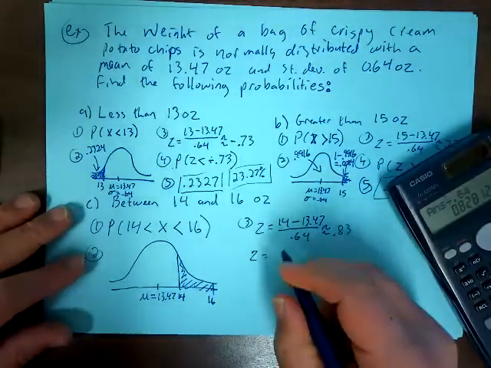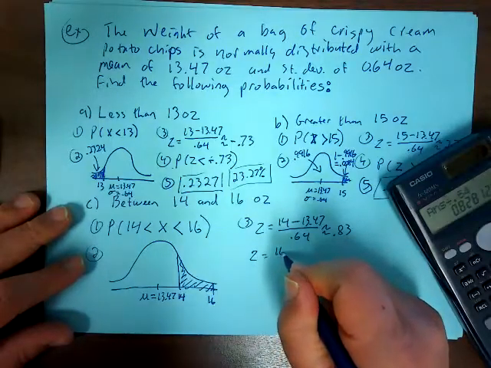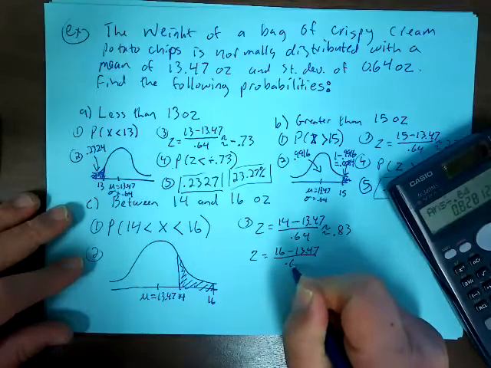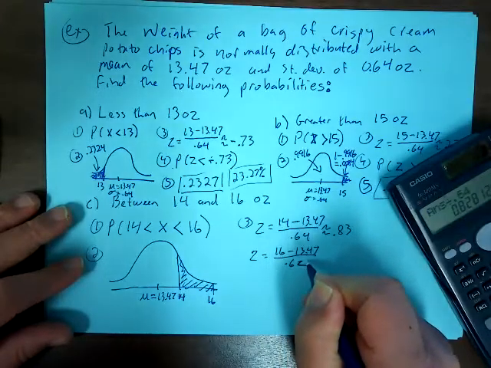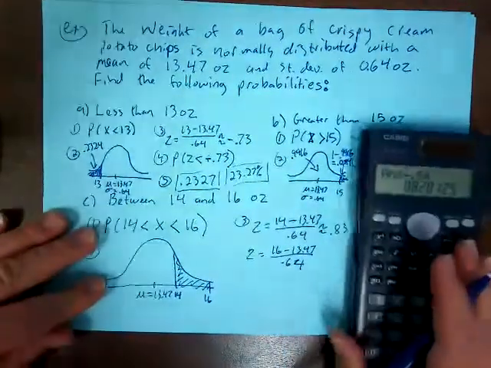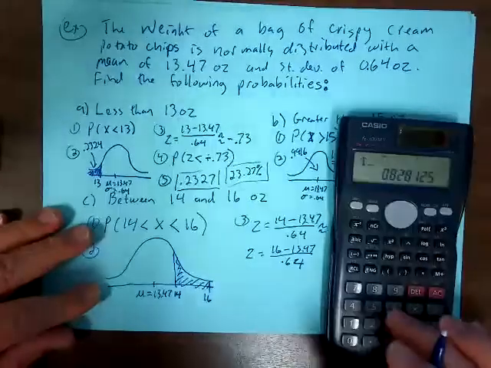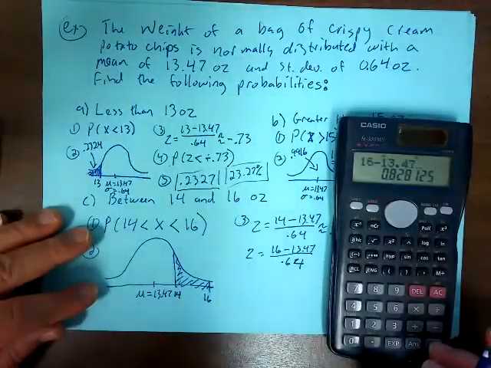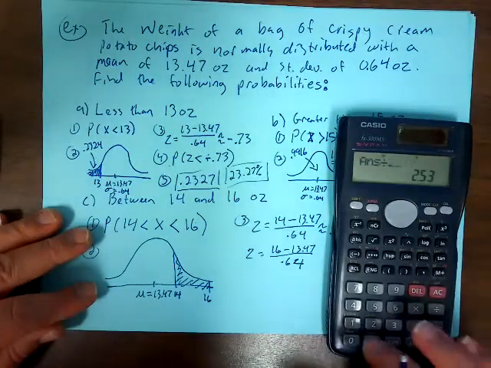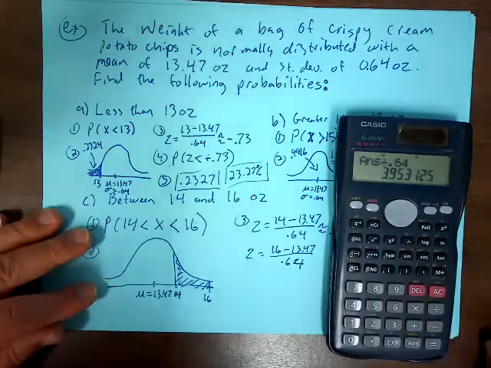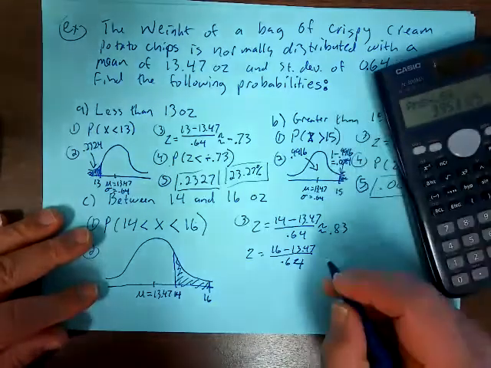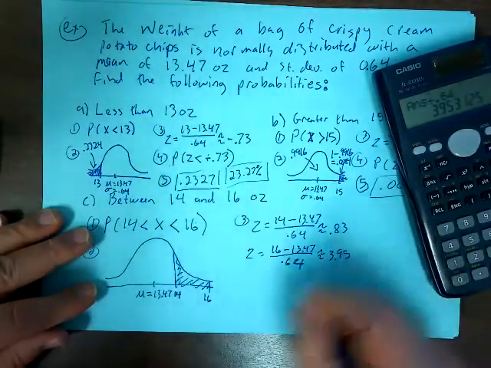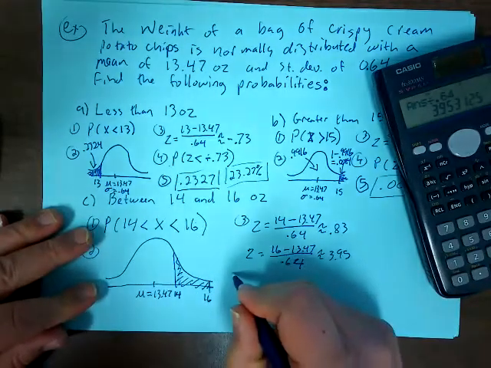And now I'm going to do 16 minus 13.47 divided by 0.64, and it looks like I get 3.95. Okay, so that's pretty extreme here.